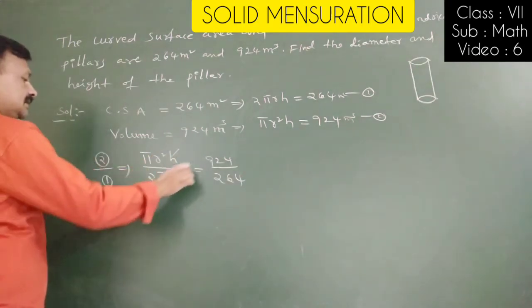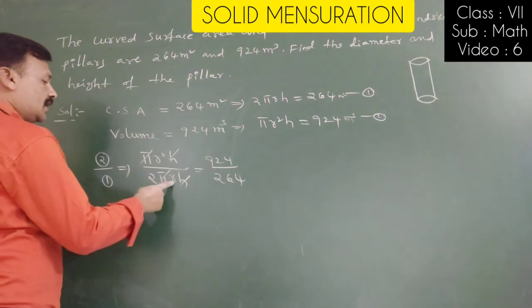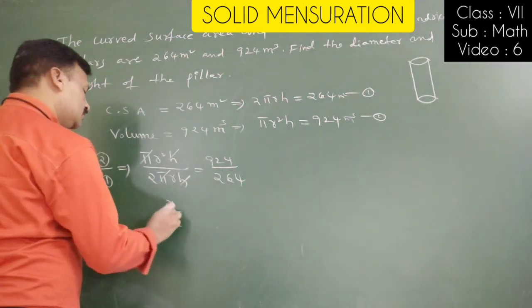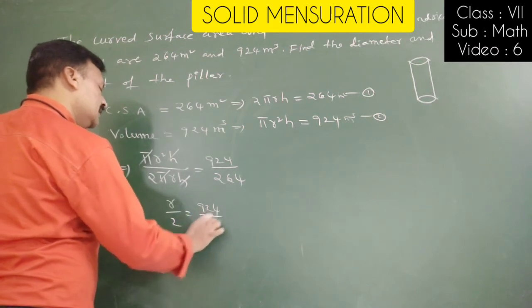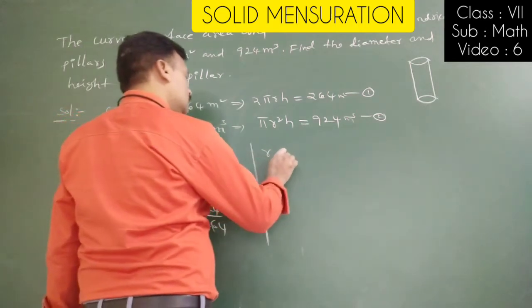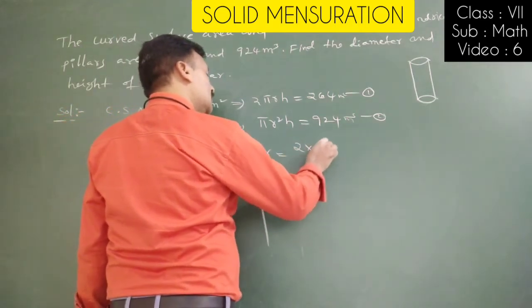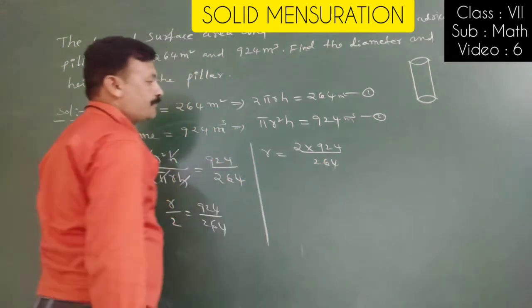So h gets cancelled, pi and pi get cancelled. In r square, r one time cancels, then we get r by 2 equal to 924 by 264. Now r equal to 2 into 924 by 264.